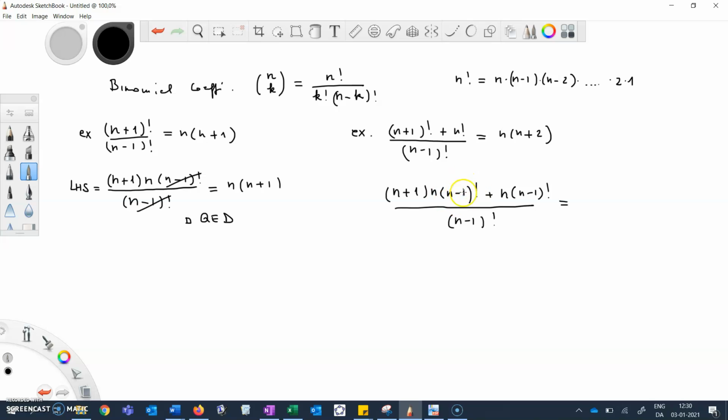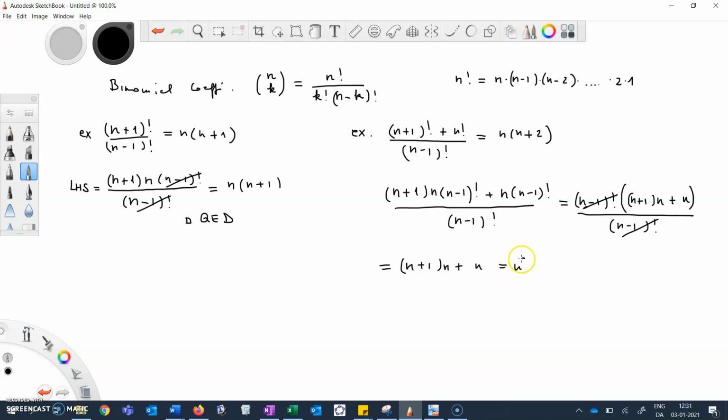So I can see that n minus 1 factorial factorizes, so I can even put it in front. And then inside the parentheses, I'm going to get n plus 1 times n plus n. And then everything is divided by n minus 1 factorial. So I can see that these two elements cancel out. And then I will have that the result is just n plus 1 times n plus n.